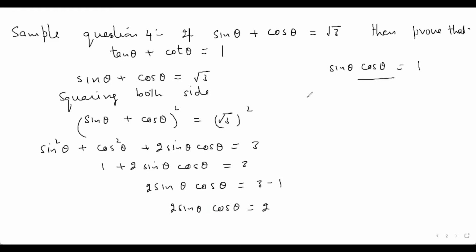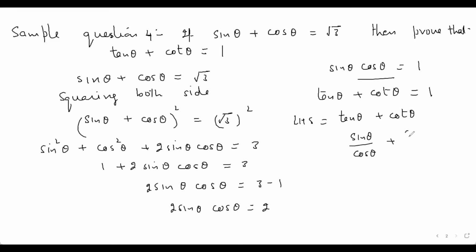What we want to prove? We want to prove tan θ plus cot θ is equal to 1. So take left hand side: tan θ plus cot θ. Sin θ by cos θ plus cos θ by sin θ. So tan θ can be written like this and cot θ can be written like this.